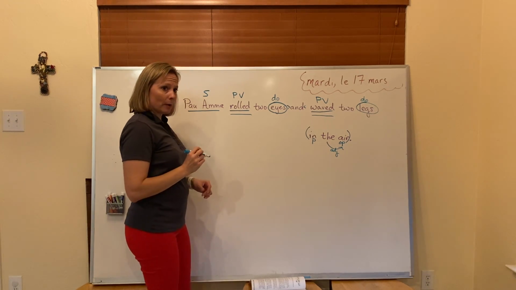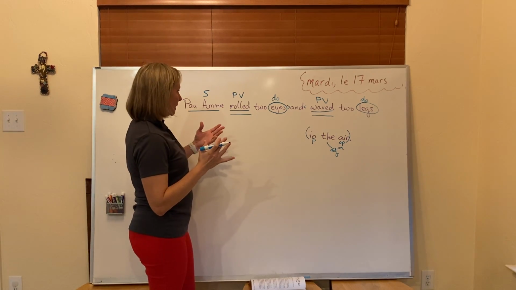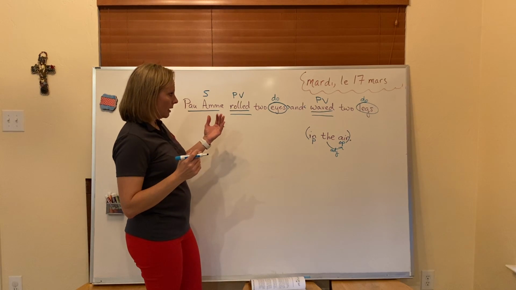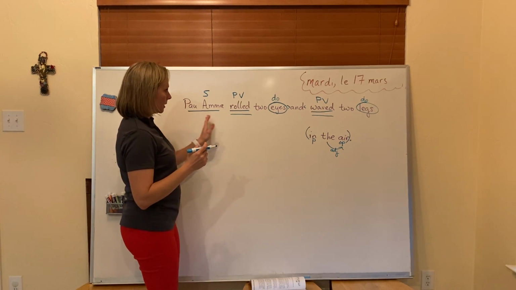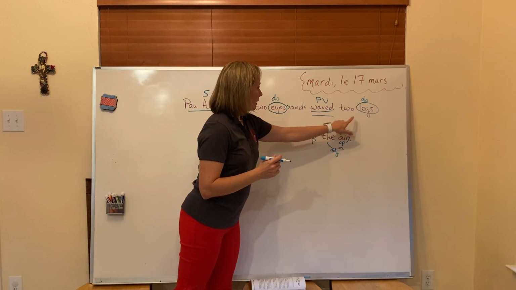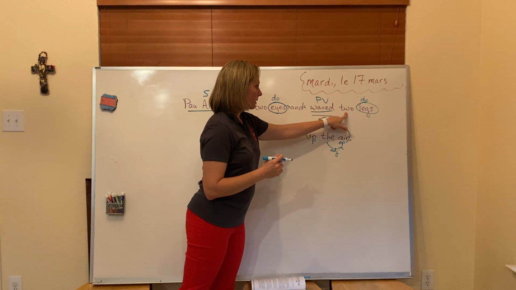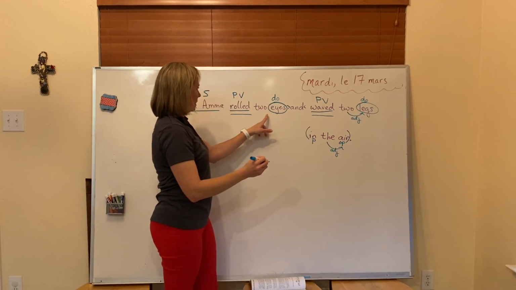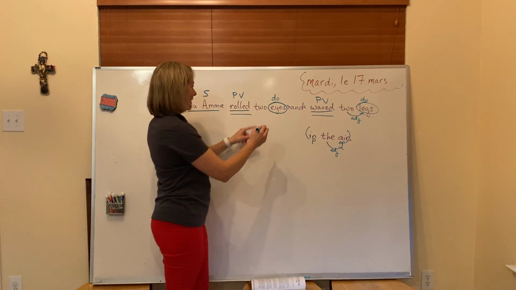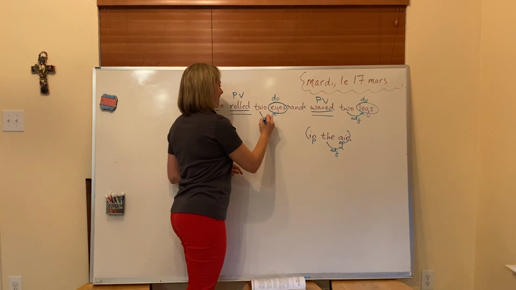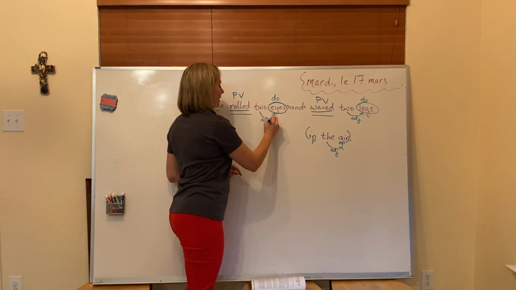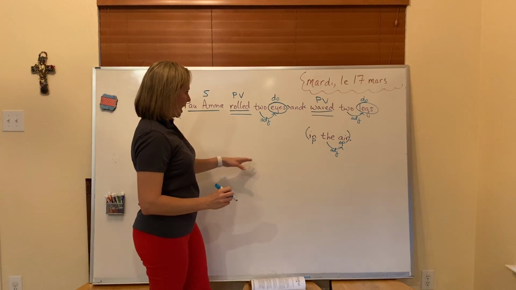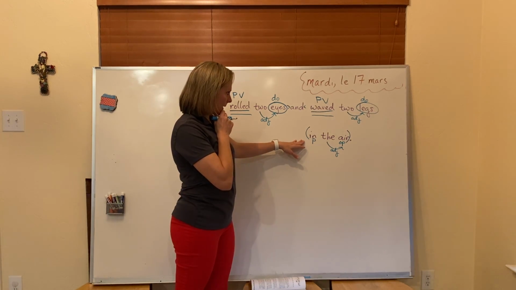All right, now we're ready to look at all the other words in the sentence and to link our prepositional phrase. So let's start at the end. Two, that modifies legs. So it is an adjective. And two modifies eyes, and it is an adjective. Now what about our prepositional phrase?